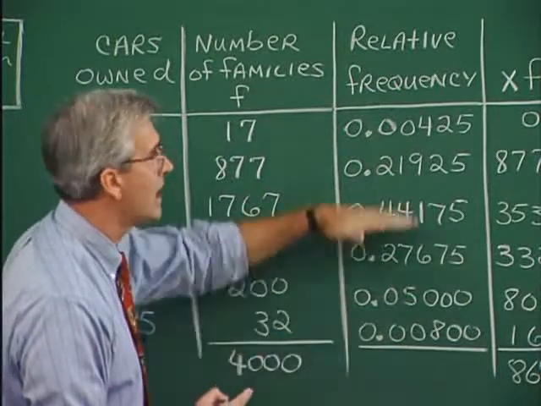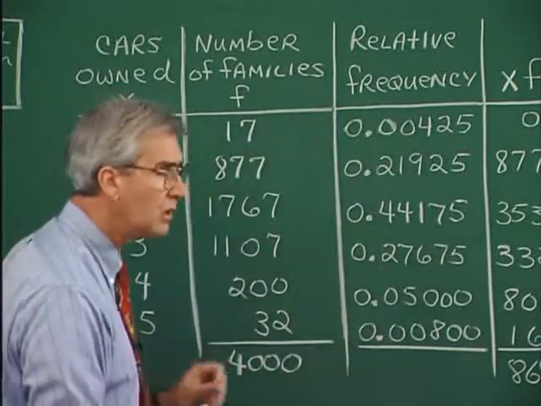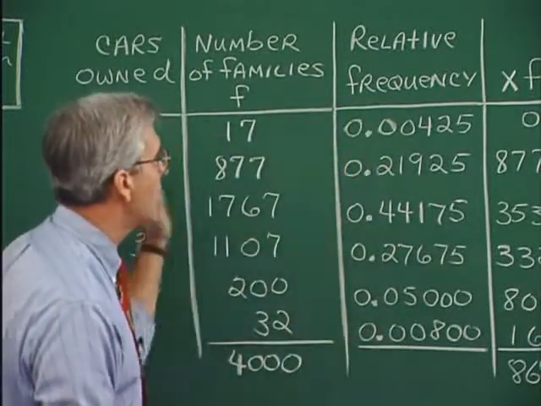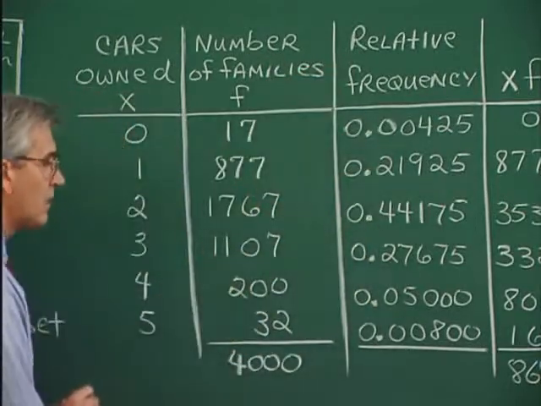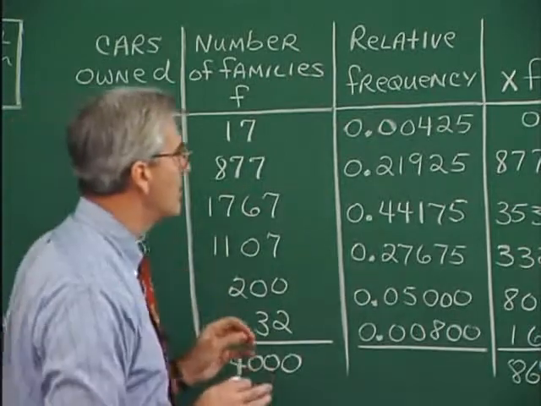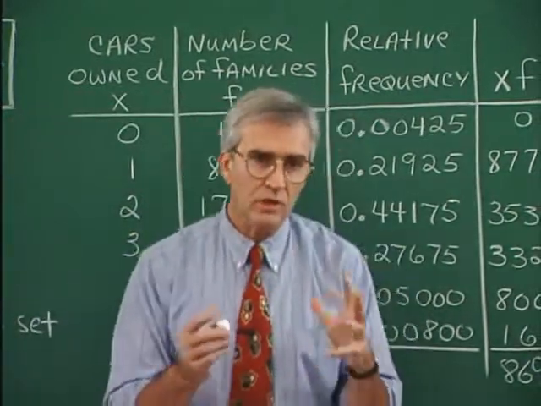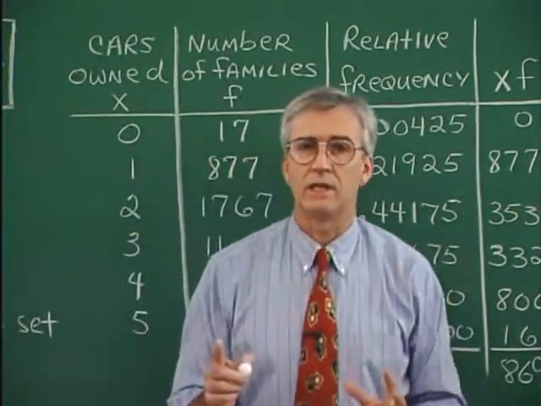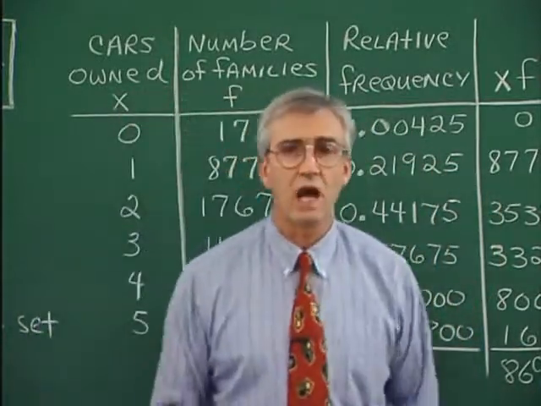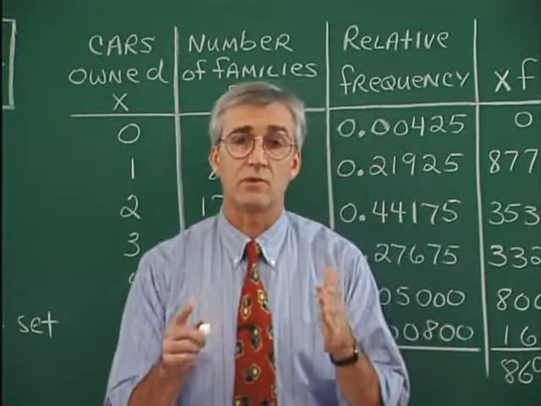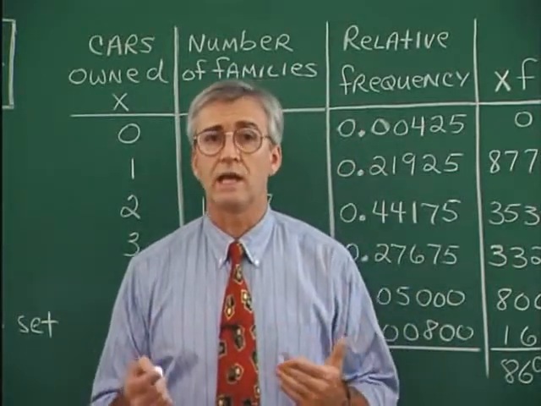We could call this a probability distribution if we want to, dealing with these as probabilities rather than relative frequencies. And I think the point I'm trying to make here is that the notion of probability associated with a table like this, a frequency table, is not unknown to us. It's something that we just haven't named this way in the past.